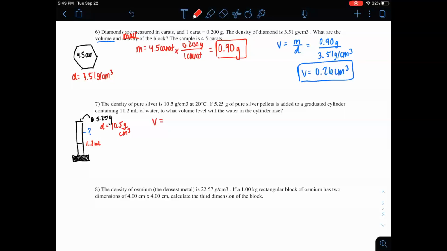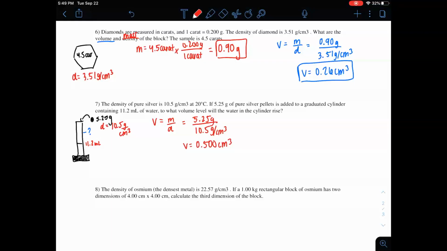Volume is equal to mass over density. So I'm going to put in my mass of 5.25 grams over my density of 10.5 grams per centimeter cubed. My volume's going to be, in proper sig figs, 0.500 centimeters cubed.